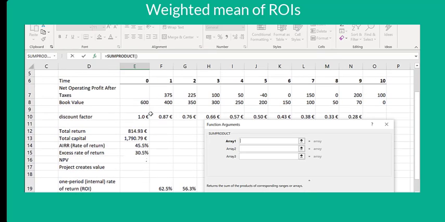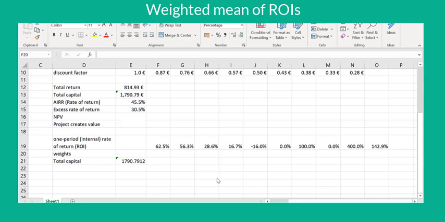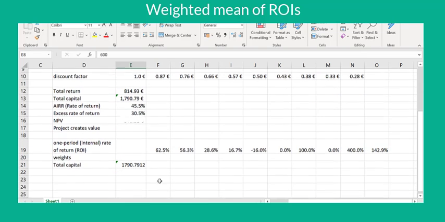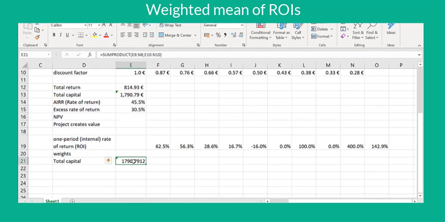We have to multiply each book value with the discount factor. We have to compute the weight. The weight is given by the present value of the capital invested divided by the total capital, which is the present value of all the capital amounts.